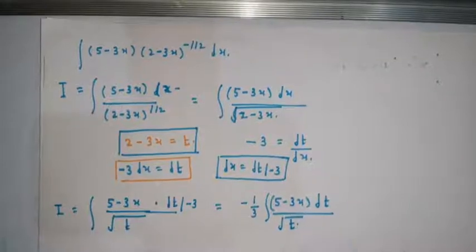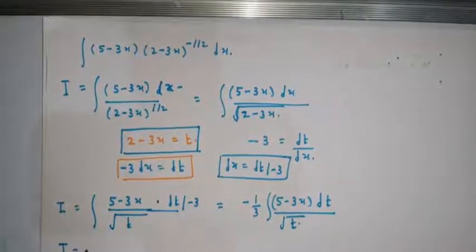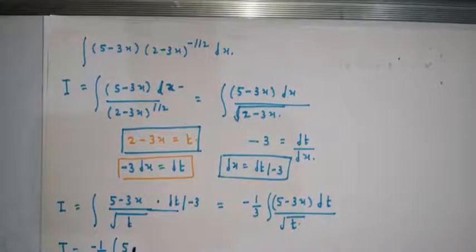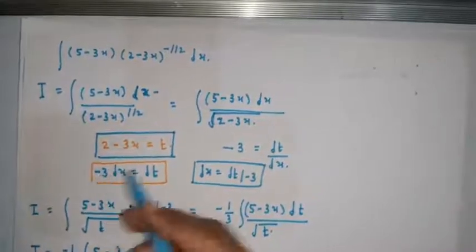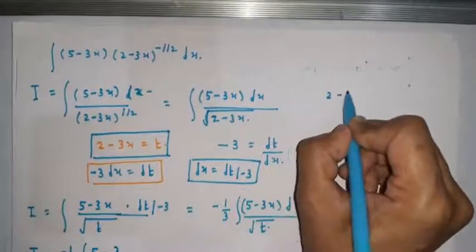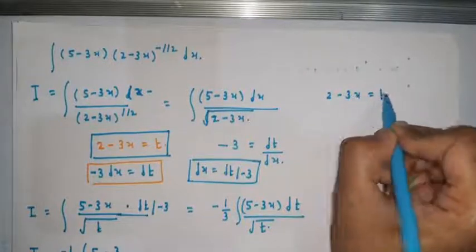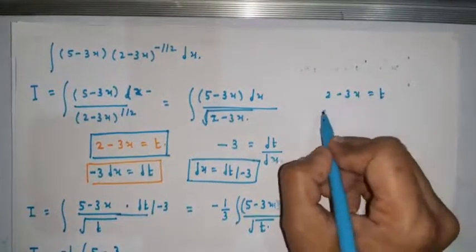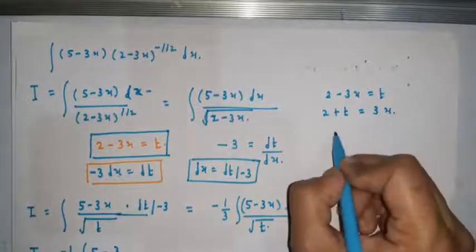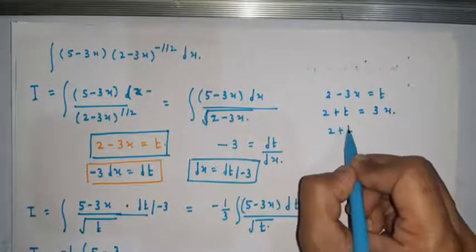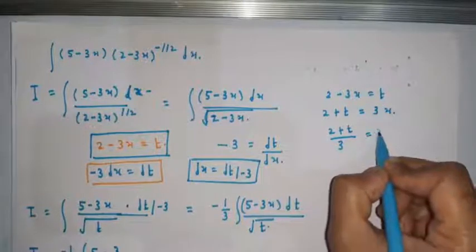We will get integration of, that is minus 1 by 3, 5 as it is, minus 3 into the value of x. From here, as we substitute 2 minus 3x equal to t, we get 2 plus t equal to 3x, and therefore 2 plus t upon 3 equal to x.